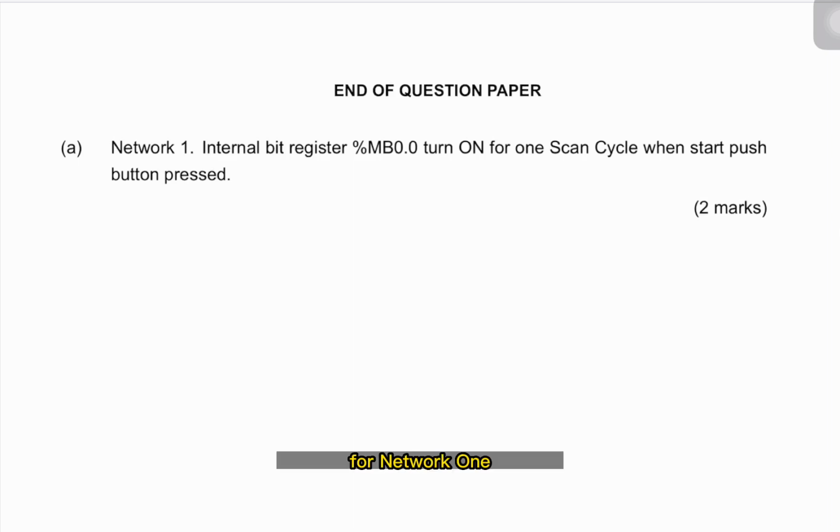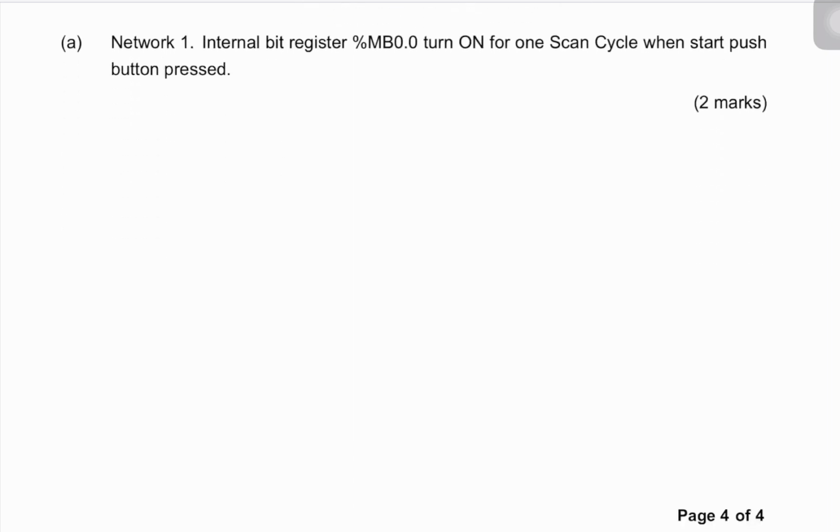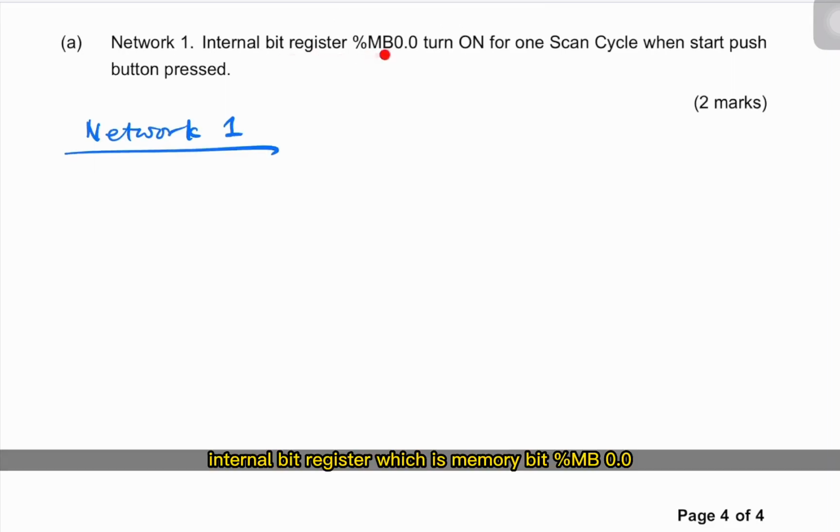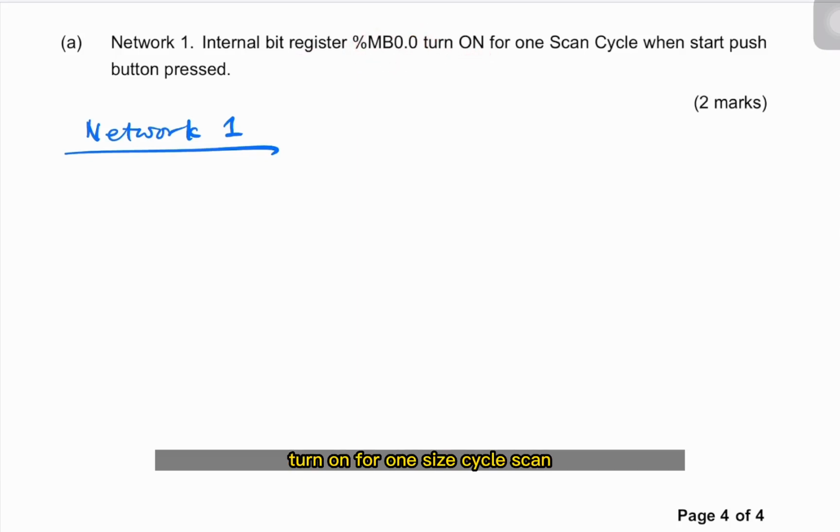For network 1, internal bit register, which is memory bit MB 0.0, turns on for 1 cycle scan when the start push button is pressed. So we can use an SR flip-flop.